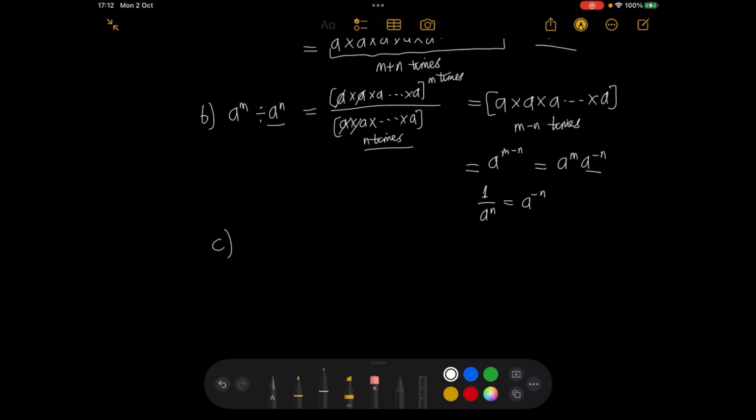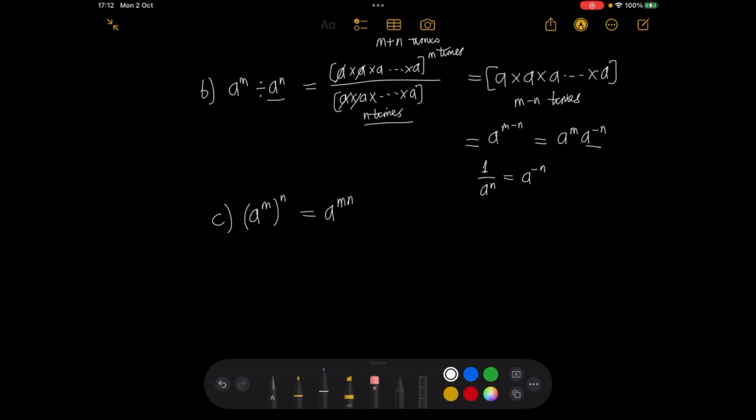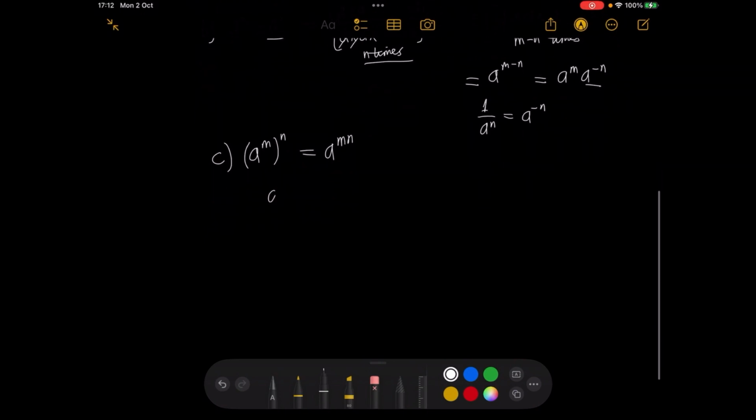So the next rule is that a to the m, raised to the power of n, is equal to a to the m times n. Now why is this? Well, use the definition again. We have this to the power of n, and this is occurring n times.